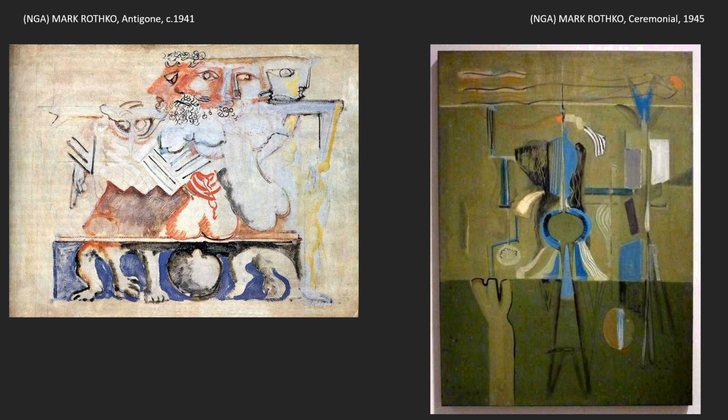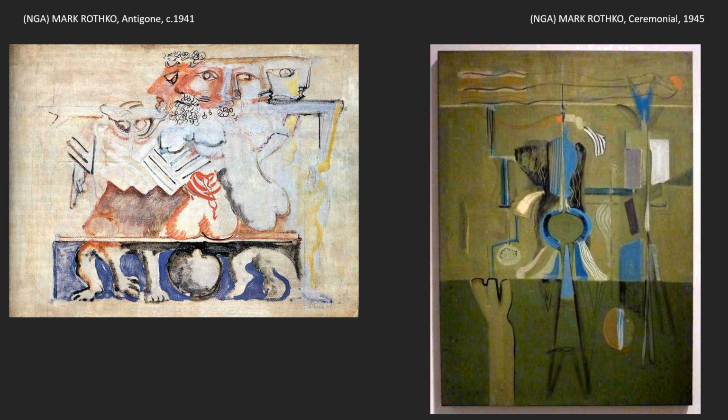But again, even as he does that, he talks about the fact that these remain figurative in a way. Right? And the title of the one on the left, Antigone, suggests again a connection to this idea of the collective unconscious and its relationship to ancient mythology.